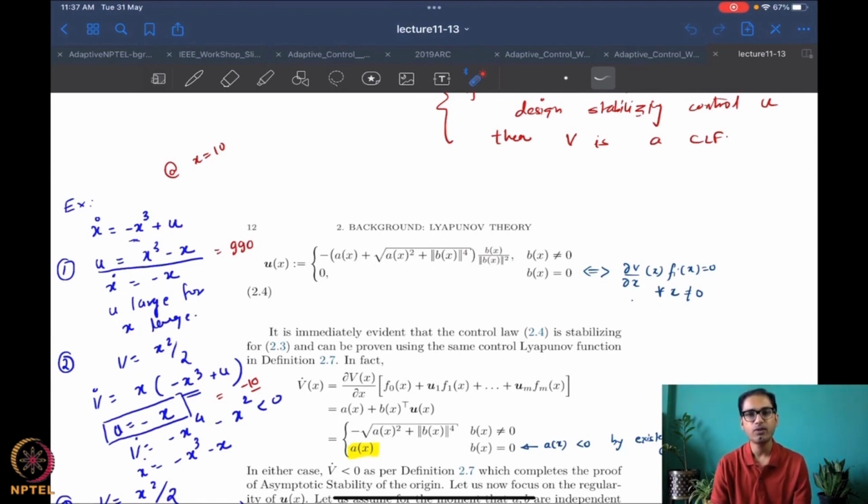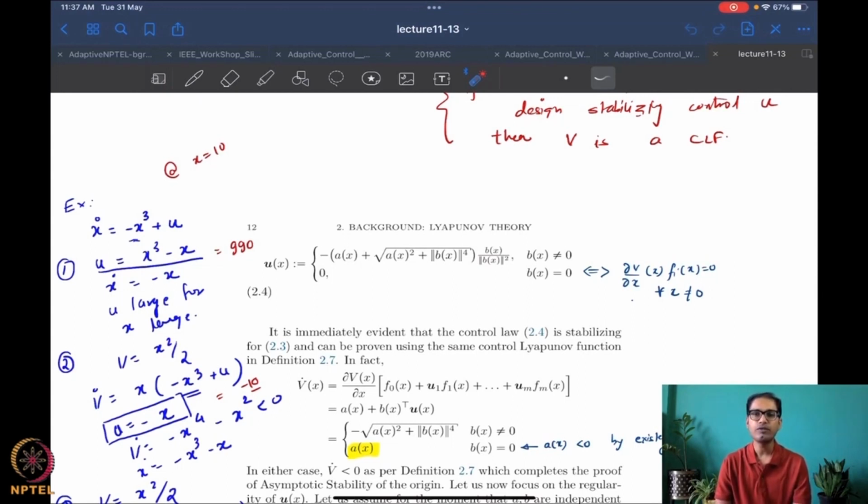All right, and this is what we have been doing. We have been designing our control laws and the update laws for the estimates using a suitable Lyapunov function or a candidate Lyapunov function. And so these were in fact control Lyapunov functions, right?